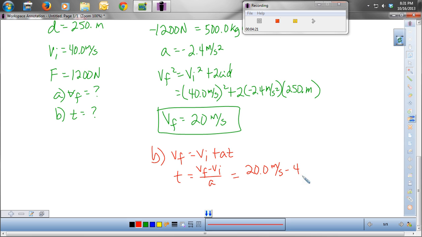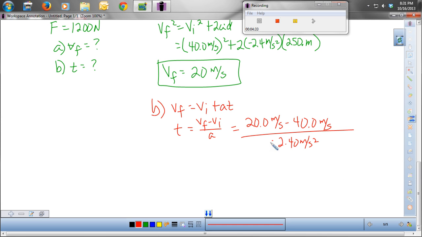VI was 40. And my A was negative 2.40 meters per second squared. So I had negative 20 on the top divided by negative 2.4 meters per second squared on the bottom, and I got the time to be 8 1/3 seconds.